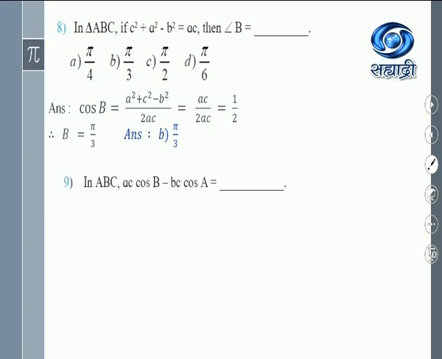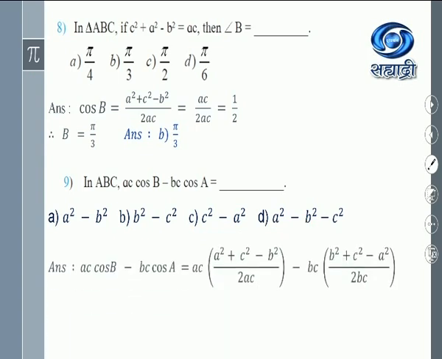Now number 9. In triangle ABC, AC cos B minus BC cos A is equal to, that you are asked to find. The options are given: a² − b², b² − c² second, third is c² − a², and this one is the last. Now AC cos B − BC cos A. Here we use the cosine rule.